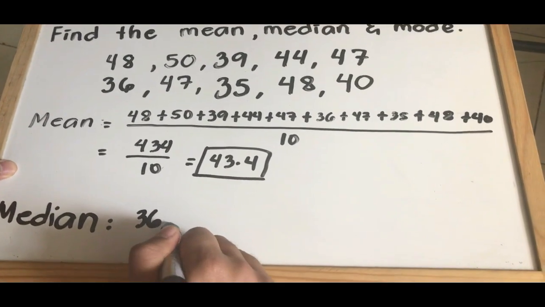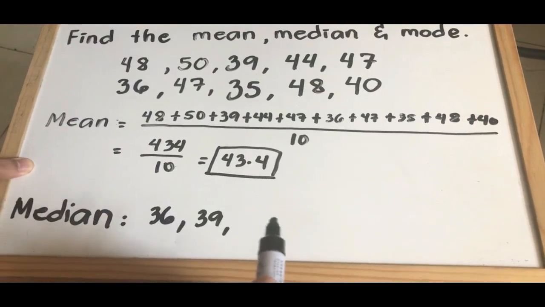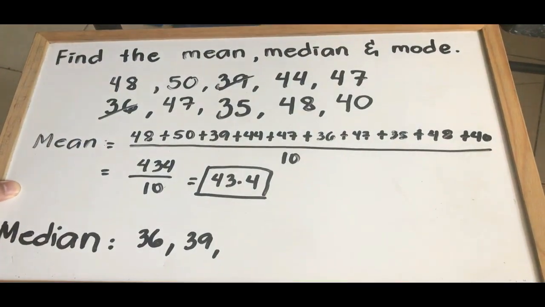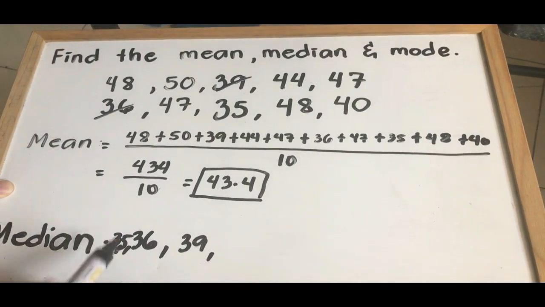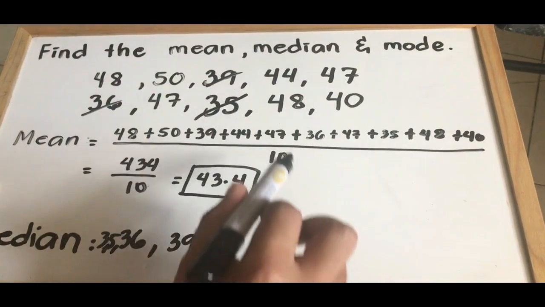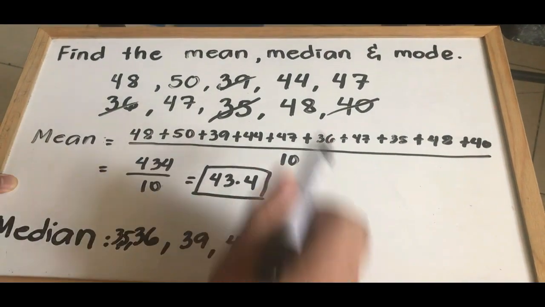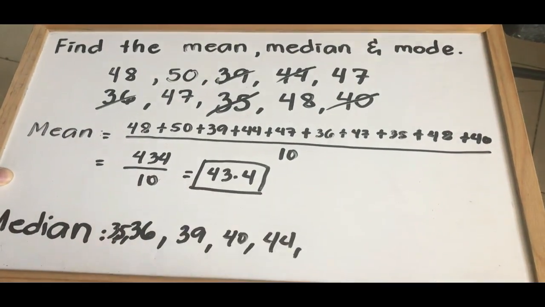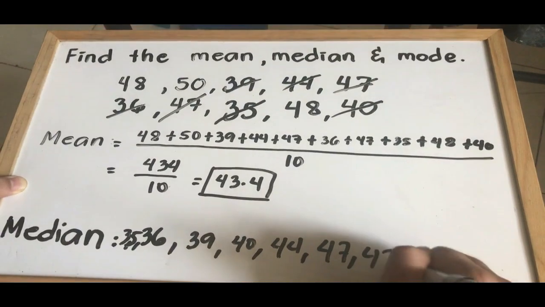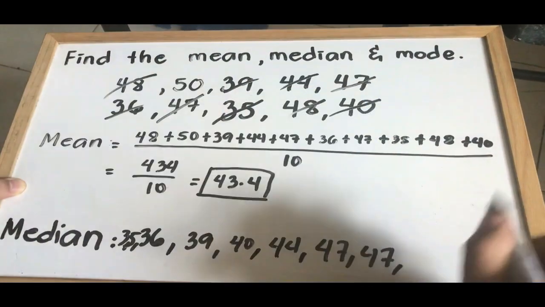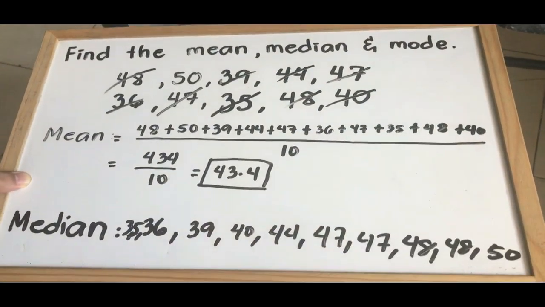The lowest is 35, followed by 36, 39, next is 40, next is 44, followed by 47, 47, 47, next is 48, 48, 48, and 50, the highest score.